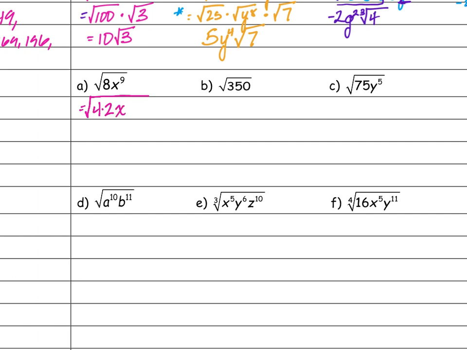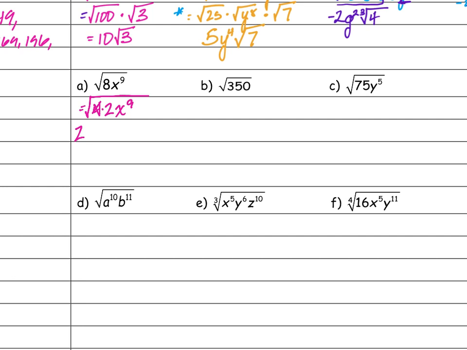Okay, so 8 is 4 times 2. And this is x. So the square root of 4 is 2. Good. And then this part is gone. My 4 is gone, right? Now I want to talk about my x to the 9th. I have 9 x's in there.